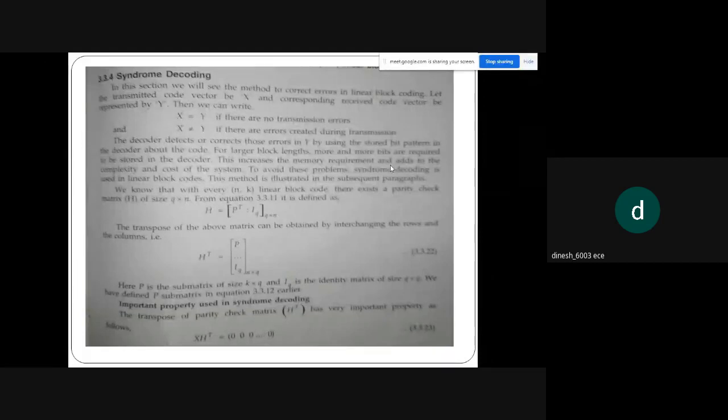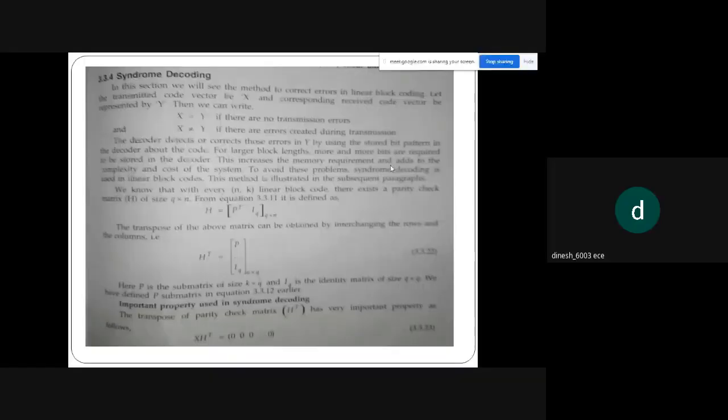You can write that as equation 3.3.22, H^T equal to P, everything in a single column. Transpose changes your rows into columns and columns into rows. So H transpose will be obtained like this.